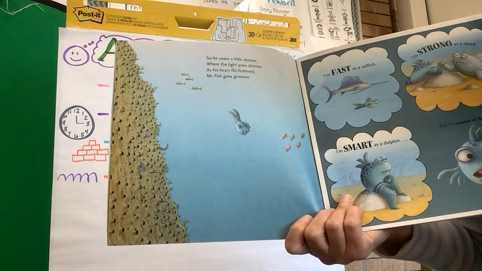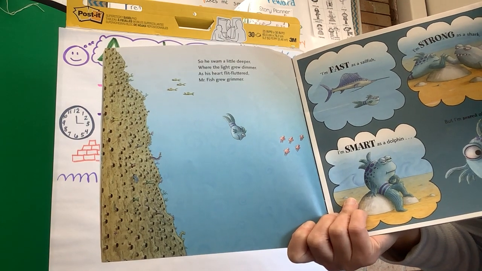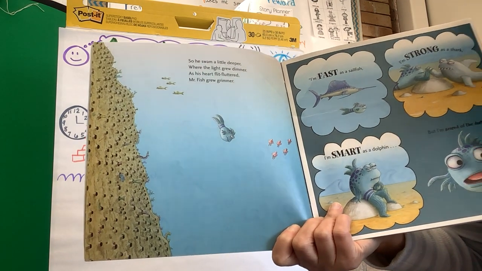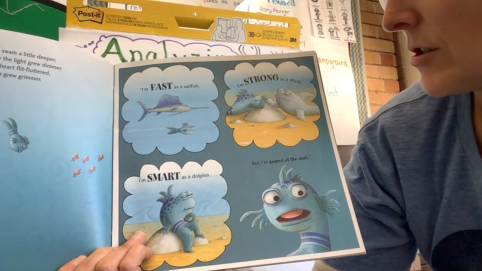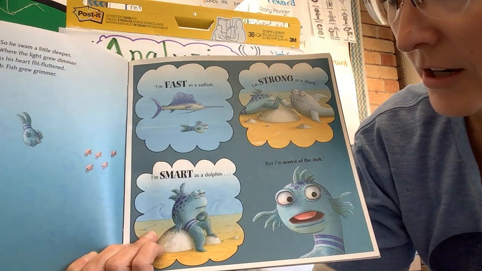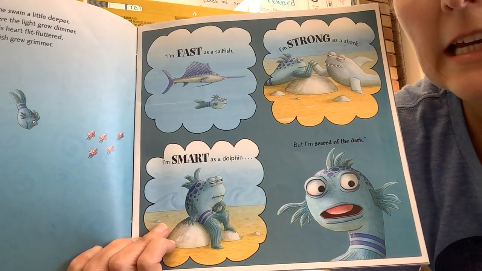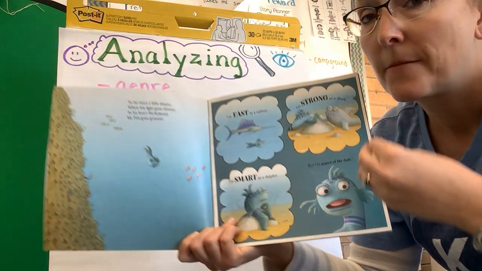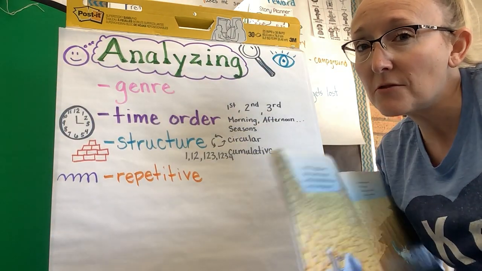So he swam a little deeper where the light grew dimmer. As his heart fluttered, Mr. Fish grew grimmer. "I'm as fast as a sailfish. I'm as strong as a shark. I'm as smart as a dolphin, but I'm scared of the dark." Did you notice some repeating? Pay attention because you're going to have to write those words down.